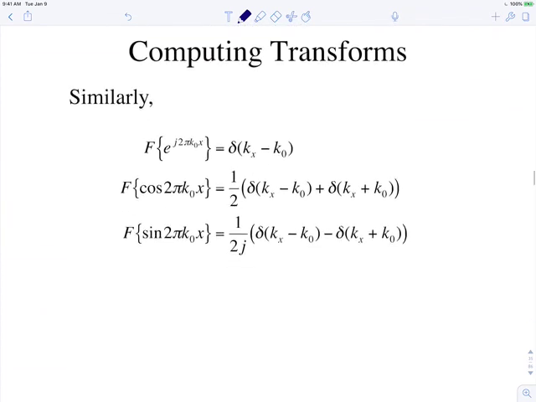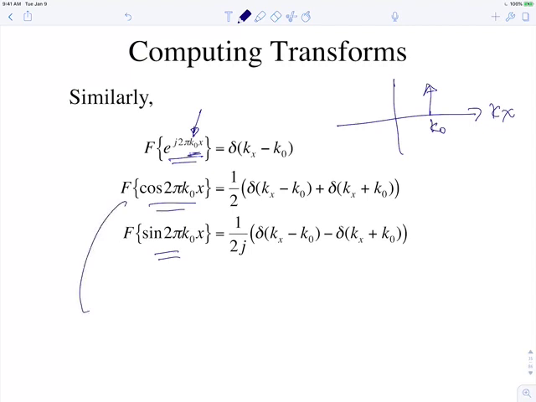And similarly, for these Fourier transforms here, which would also blow up, this is saying that this is a spatial frequency of k naught. So this is a complex exponential with a frequency of k naught. So it makes sense that when we represent it in k space, it should have something only at k naught, a delta function with a value only at k naught.